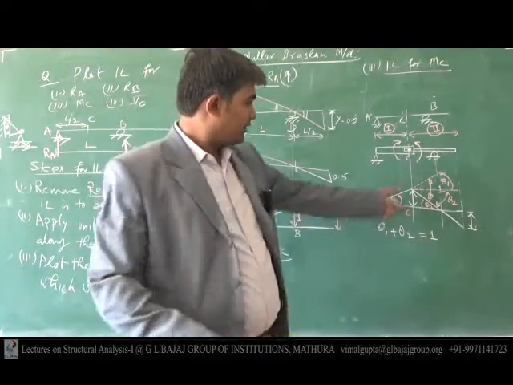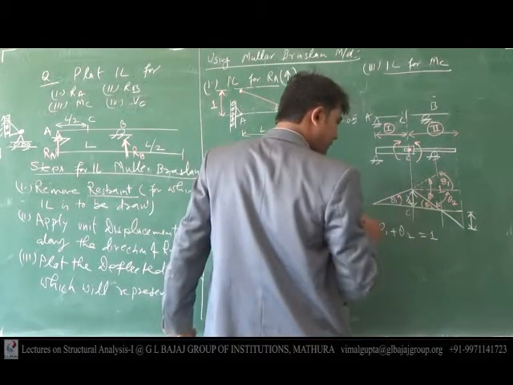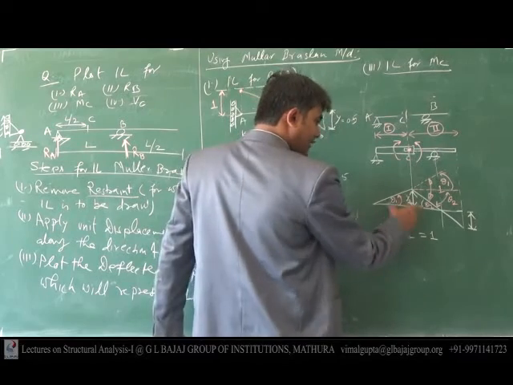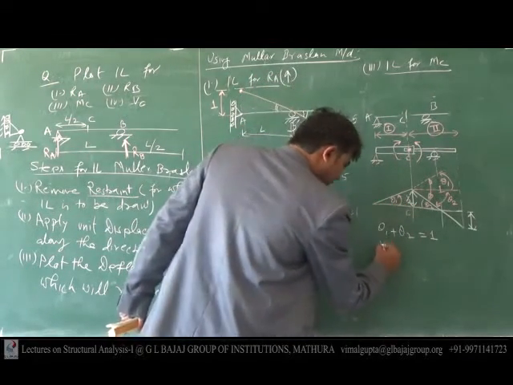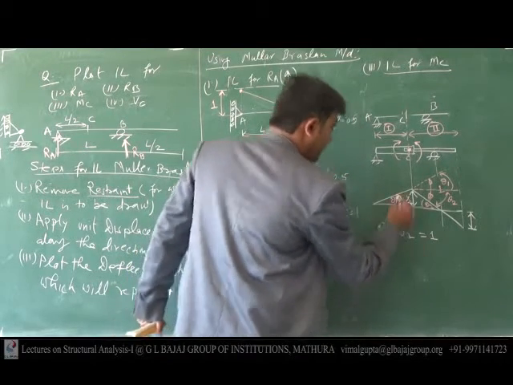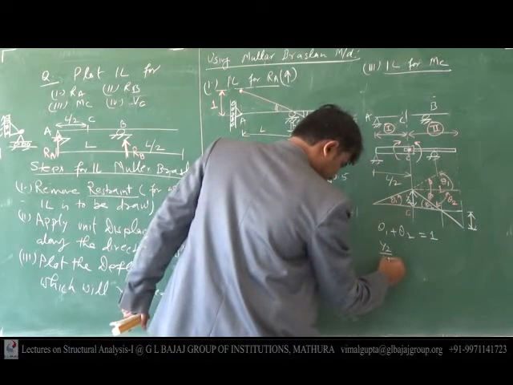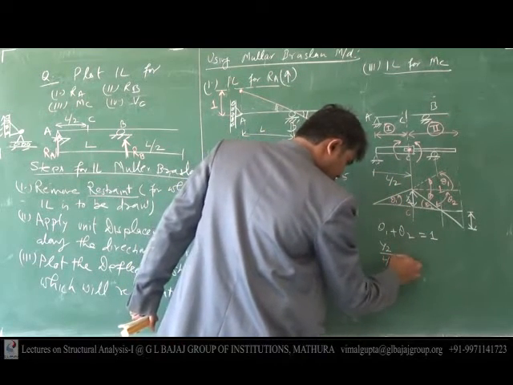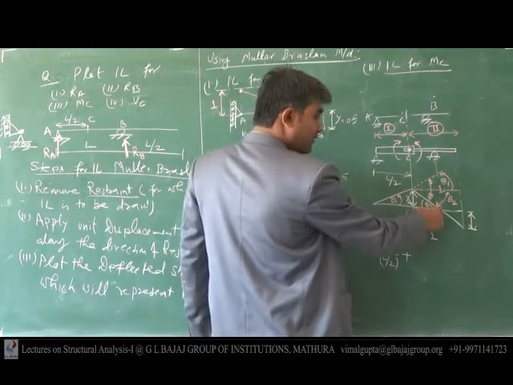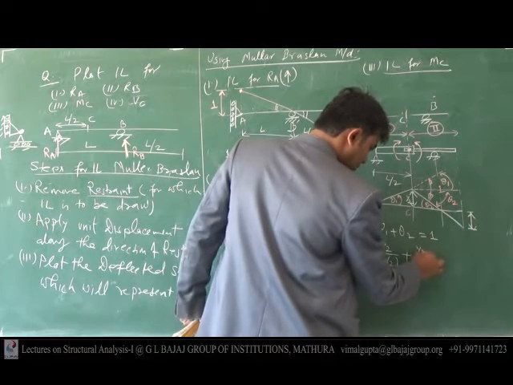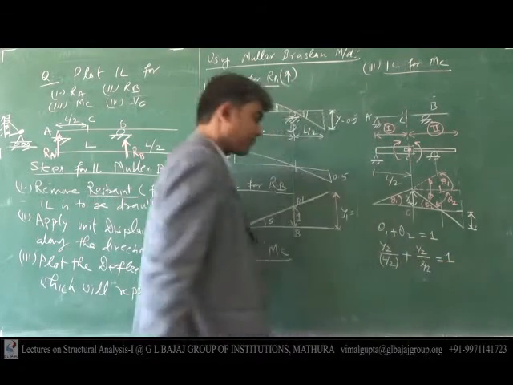If this distance is y2, then y2 divided by L by 2 is θ1, plus θ2, y2 divided by L by 2, equals 1.